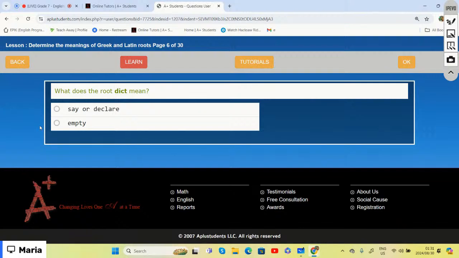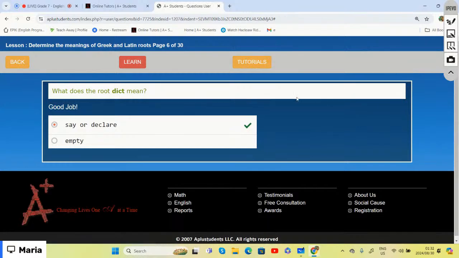So the word dict, is it to say or declare, or is it empty? It's like dict. I dictate that or something. And we can say that dict means either way you're saying something, you're speaking something, or you're declaring something.